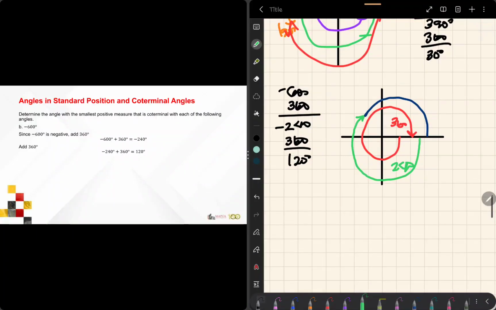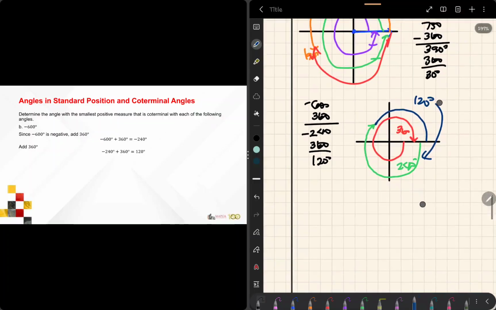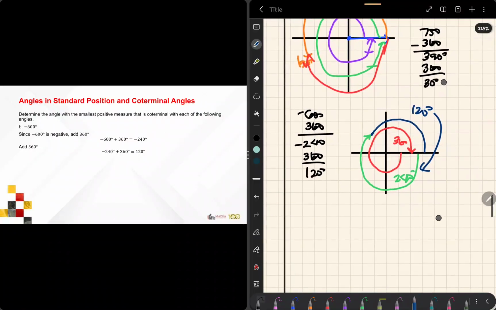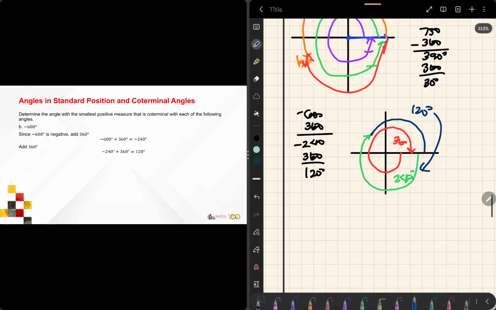Its coterminal angle with 240 degrees should be equal to 120 degrees, for a total sum of 120 plus 240 equal to 360 degrees. So if we graph them, this will be its solution. However, since there is a step-by-step way to solve it by simply adding or subtracting 360 degrees, it will be easier.